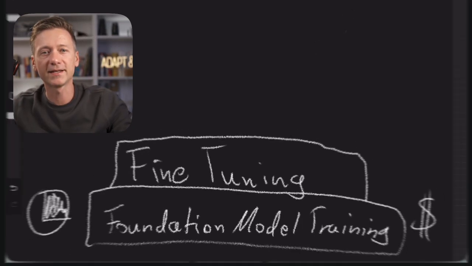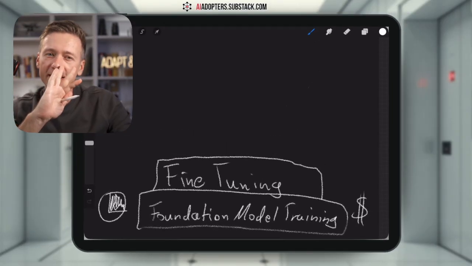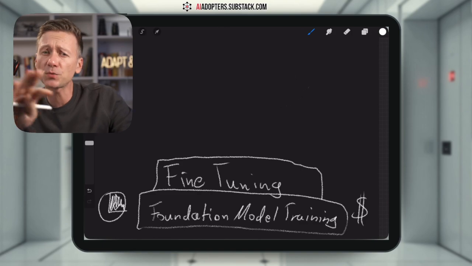And now this is where things get interesting for businesses because this is where you can take that foundation model and the foundational knowledge and make it special for your needs. Let's say you want the AI to understand medical terminology or legal documents, then this is where that happens.